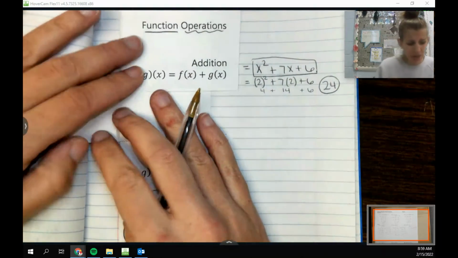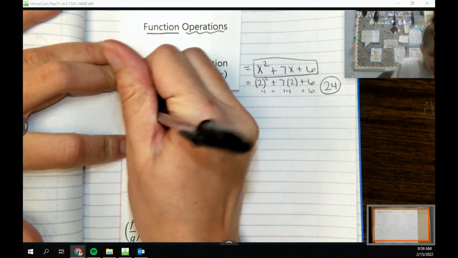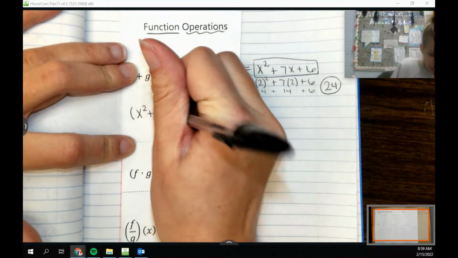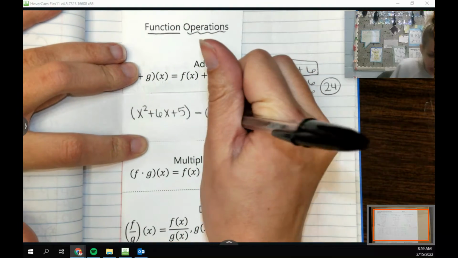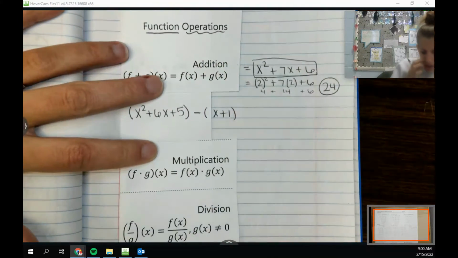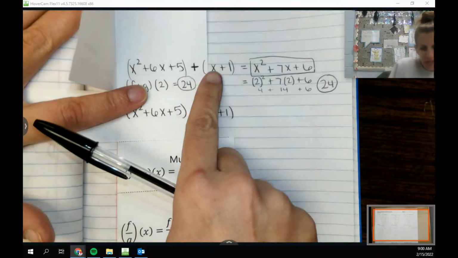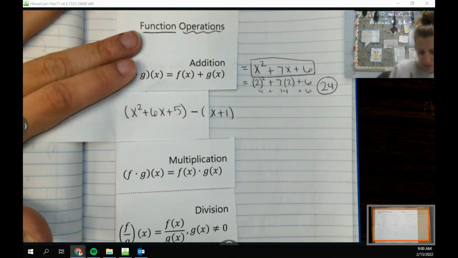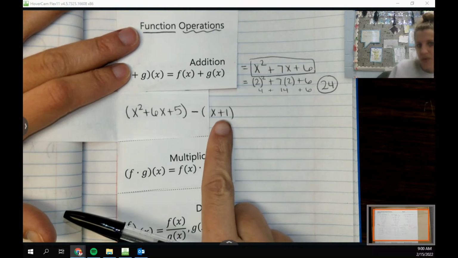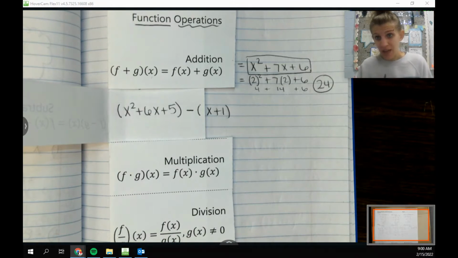So again, using our same 2 functions, we're just going to subtract them. We're going to take that first one, x squared plus 6x plus 5, and then fully subtract the second one. I'll point out that for addition, the parentheses around my 2 functions were unnecessary. We didn't really need those. For subtraction, the parentheses around the second one are necessary because I need to subtract all of it.